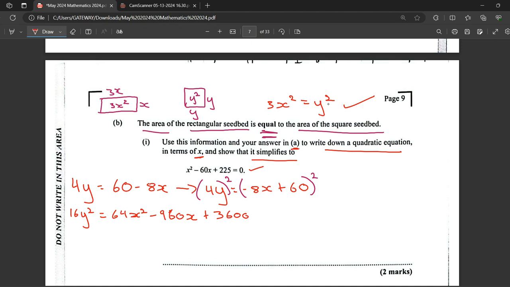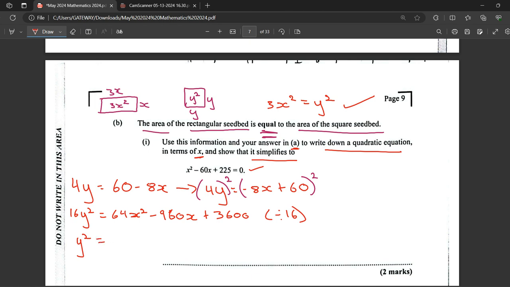But I know what y squared is. So I want to get rid of that 16 in front of y squared. So I'm going to divide everything by 16. 16y squared divided by 16, the 16 will cancel and we remain with y squared.